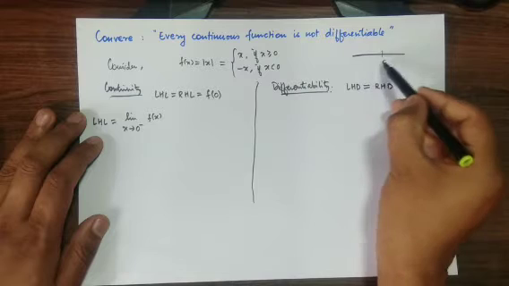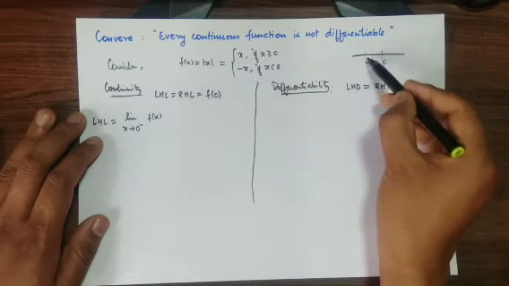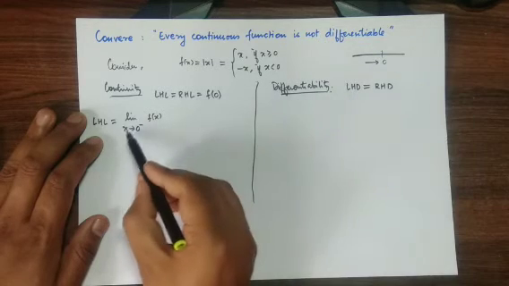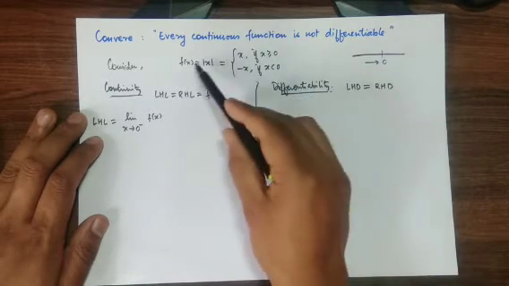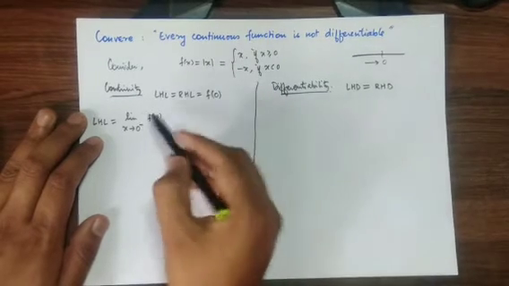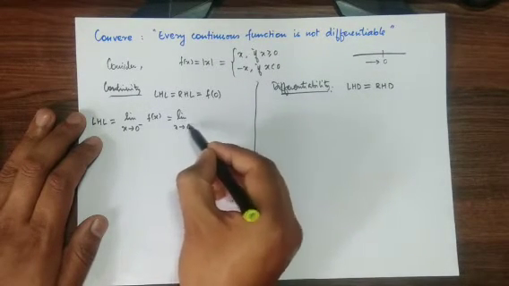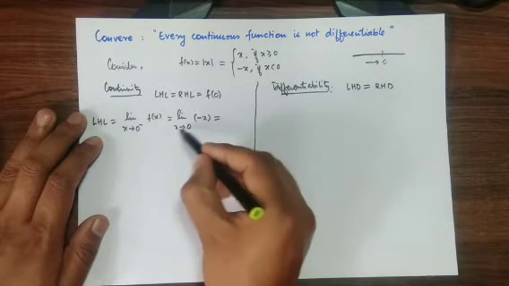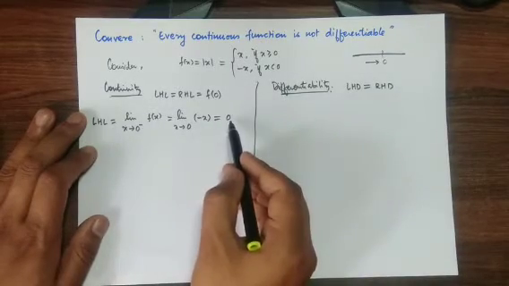So this is my 0, and x is approaching 0 from the left side, so whatever number comes here will be less than 0. So this x is less than 0, and when x is less than 0, my function value will be minus x. So this can be written as limit x tends to 0 of minus x. When I put x equals 0, I'll get 0. So this is my left hand limit.